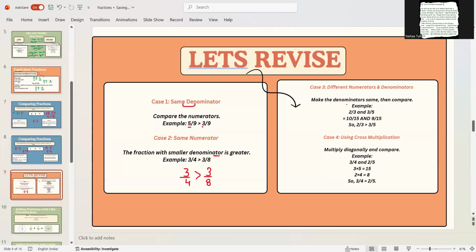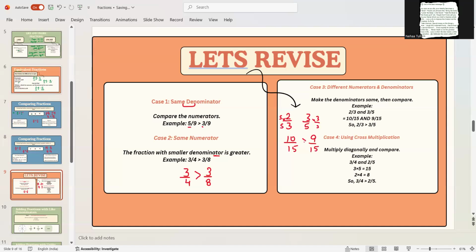In third case, what we have learned, we have to make the denominator same, then compare. Like we have 2 upon 3 and 3 upon 5. So we have to make the denominators same first by multiplying 3 by 5 and 5 by 3. This makes 15 as a denominator, like 5 2s are 10 upon 15 and 9 upon 15.